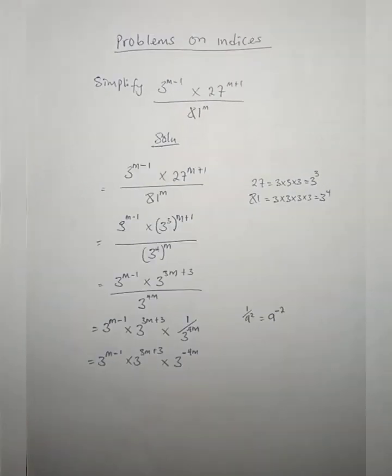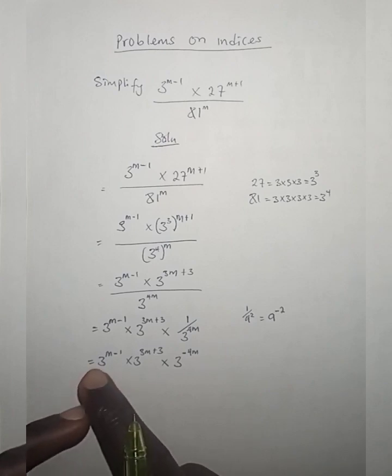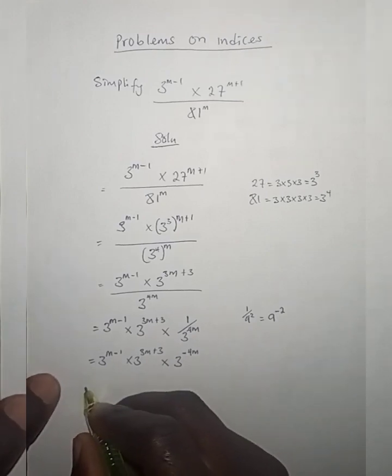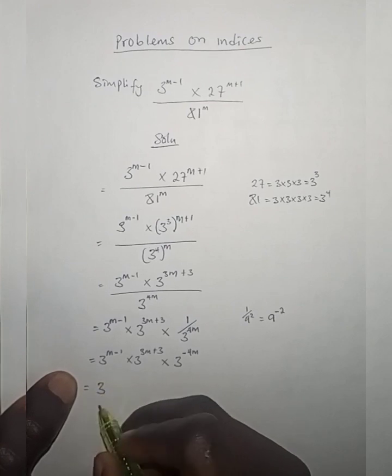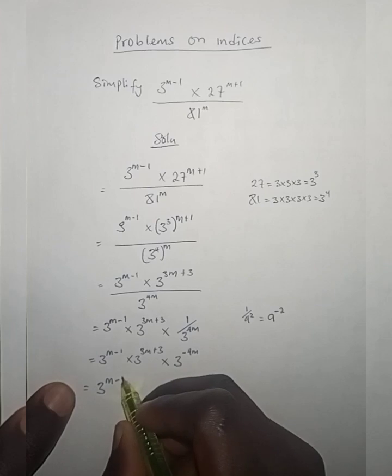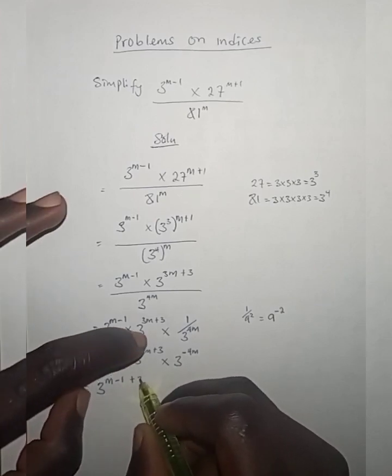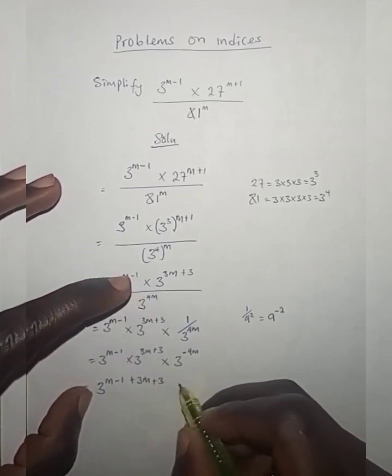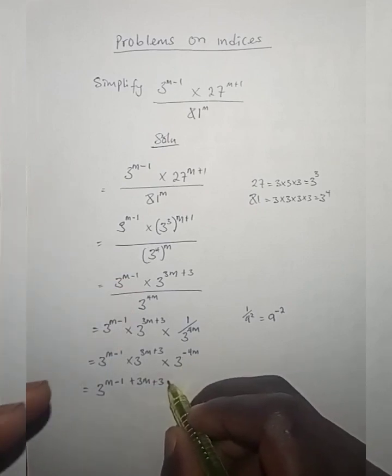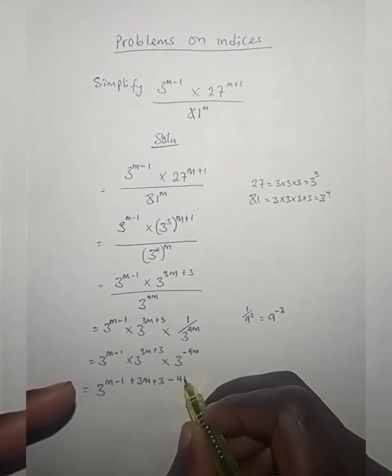So we can now use the multiplication law, where we are all having the same base. What do we do to the powers? We add up the powers. So we're going to pick 3 now, then m minus 1 plus 3m plus 3, then plus times minus is still minus, so we'll have minus 4m.